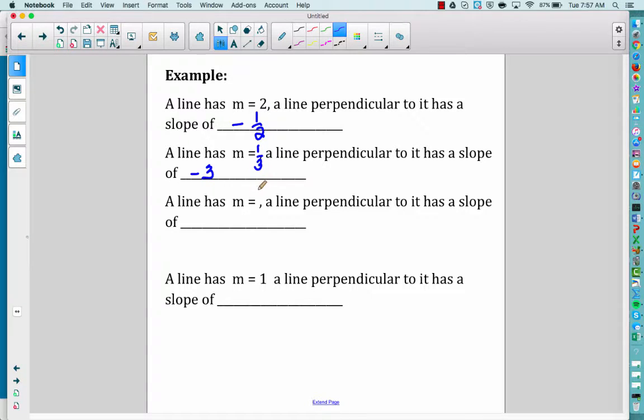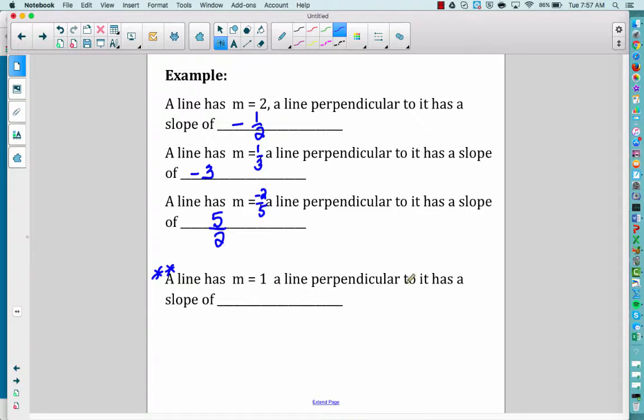All right, if a line has a slope of negative 2/5, so it's negative now, a line perpendicular to it has a slope of, okay, so we do its opposite, we make it negative. So if it's already negative, it's going to become positive, and we flip it. So my slope would be 5/2. All right, I put a star here because this one's kind of funky. A line has a slope of 1.